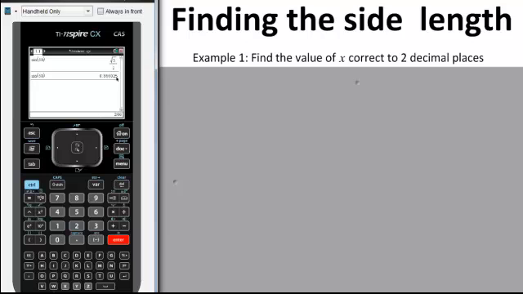If we wanted to find the tangent of 40 degrees, I would do the same thing, tangent of 40, and then control enter. And so the tangent of 40 degrees is 0.8391.